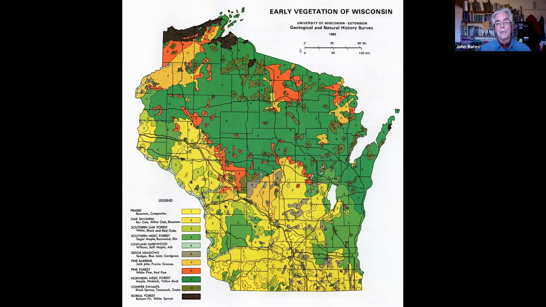The only places that we really had white and red pines as the climax true old growth species were where our soils were particularly sandy, and that's Oneida and Vilas counties, and then in those far eastern and far western counties where the pines, because they're a species that tolerates drought very well, can tolerate sandy soils and can outcompete the hardwood hemlocks. So you can see from that map that really most of northern Wisconsin was not a pinery, but was in fact hardwood hemlocks with some super canopy white pine.